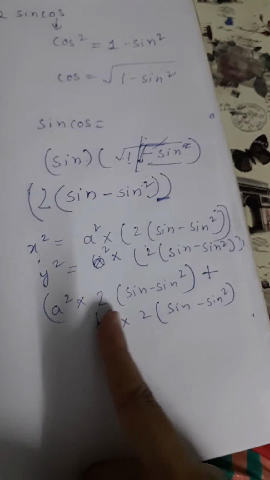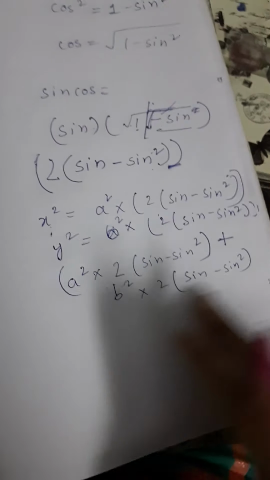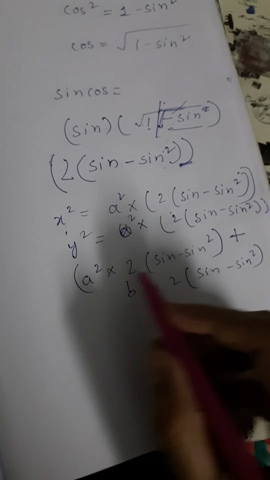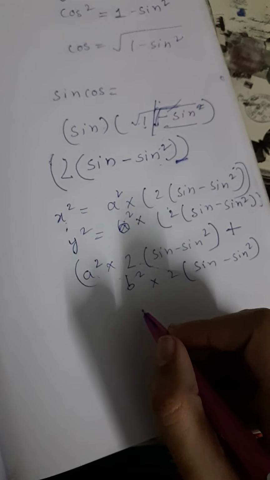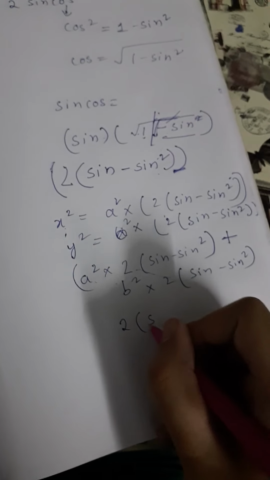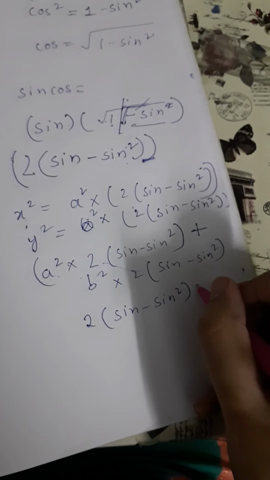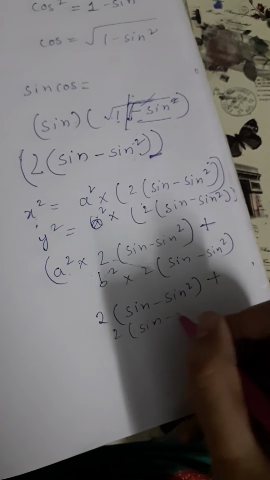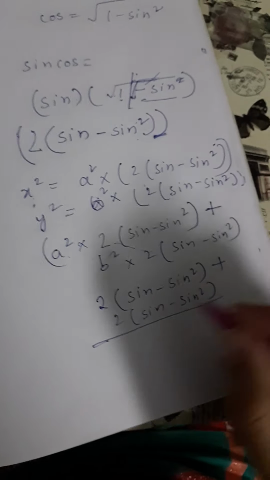Now what you want to know here is, we are simply adding this. Now we have to add the like terms. We will add this simply: 2 sine minus sine squared, we are adding the like terms, plus 2 sine minus sine squared. Now you are adding this.